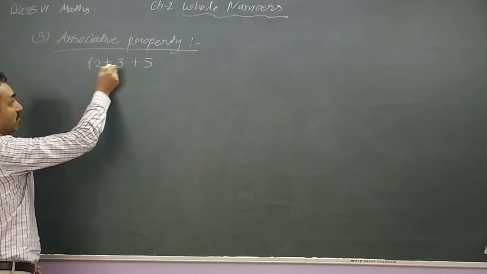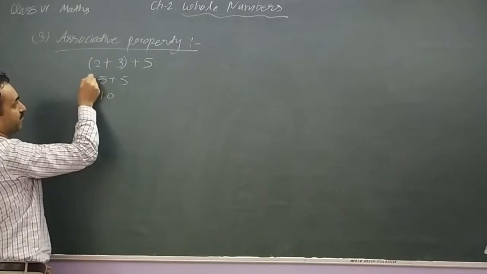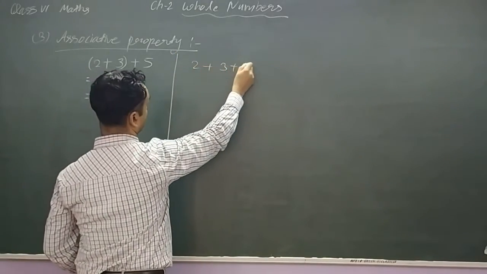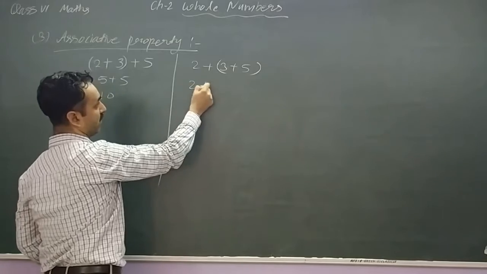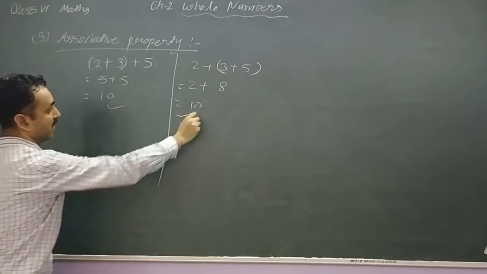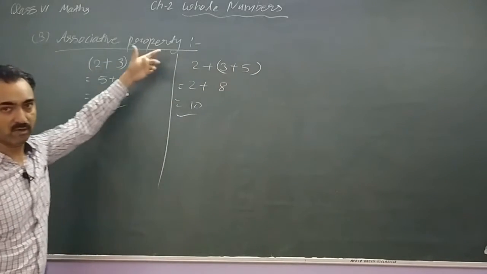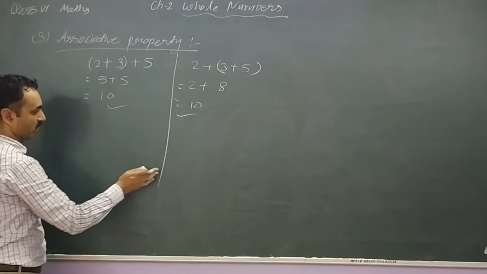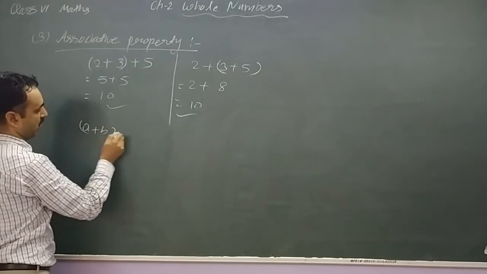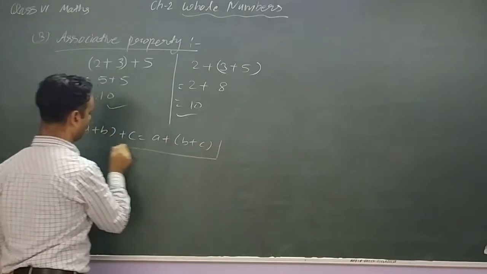Now we can add these two whole numbers, 5 plus 5 is equal to 10. And we can do this question in a different manner also. We can add 5 plus 3, 8, plus 2 equals 10. So the answer is the same. It means we can add two whole numbers out of three whole numbers in any order. So (A plus B) plus C is equal to A plus (B plus C). This is a general formula.